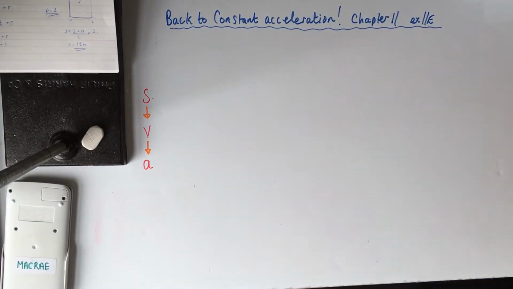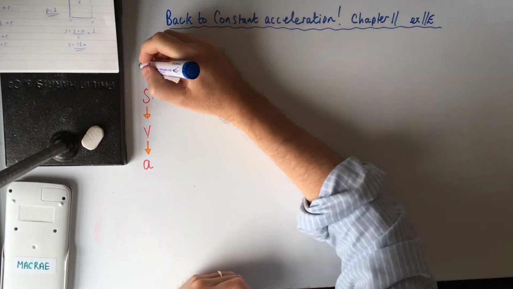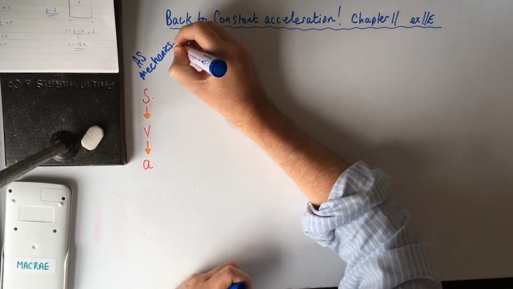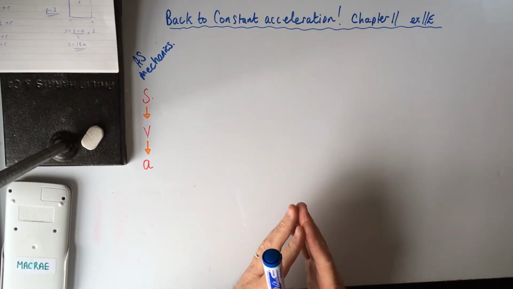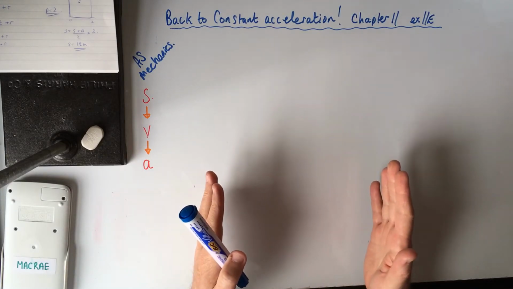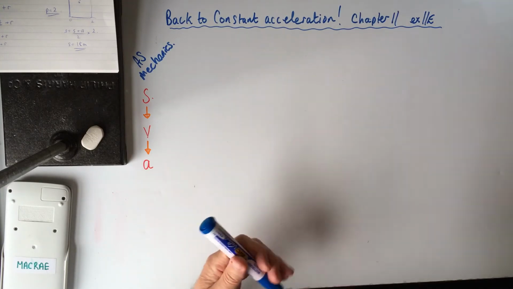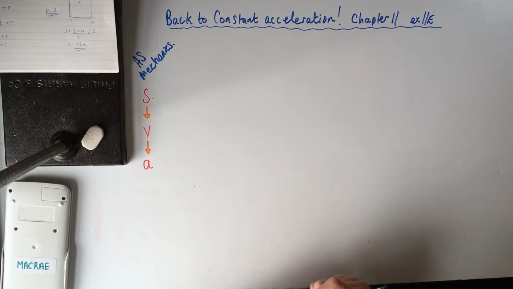Okay, we're back to constant acceleration for this very last lesson in the Mechanics AS series. I haven't written that there, AS Mechanics. I always have that written in the corner. Chapter 11, the last chapter of the textbook, is about variable acceleration, and the very last exercise goes back to the constant acceleration formulae.